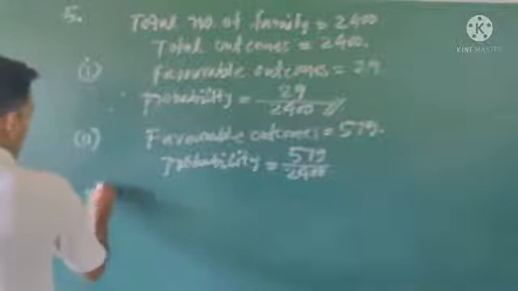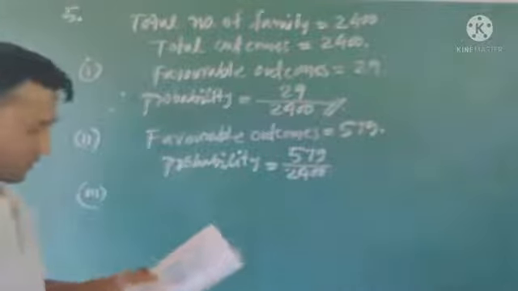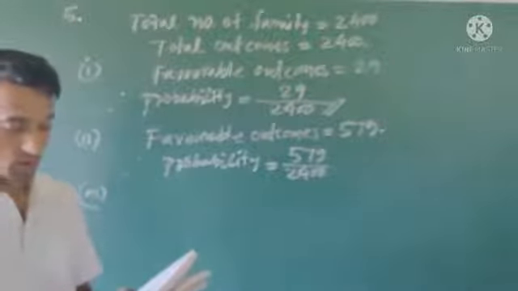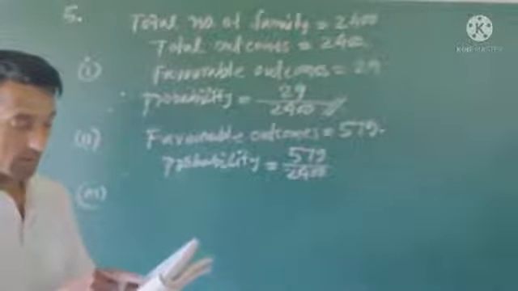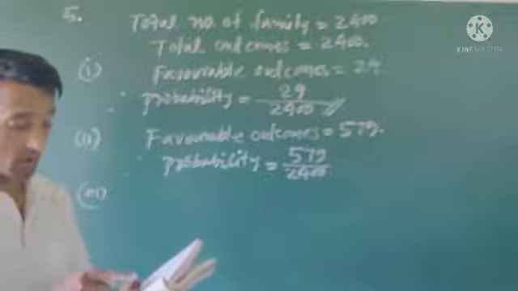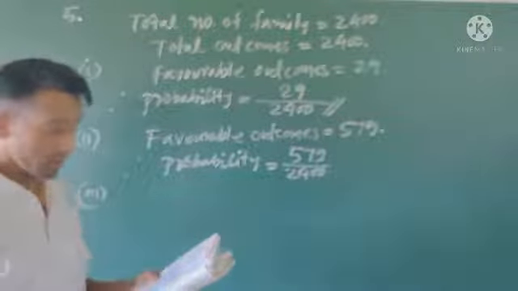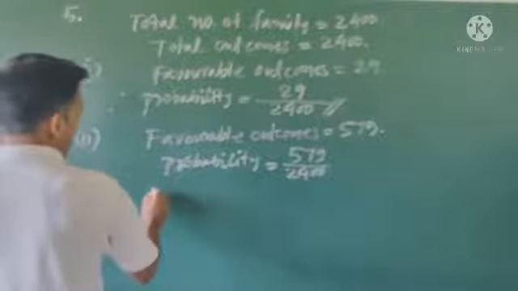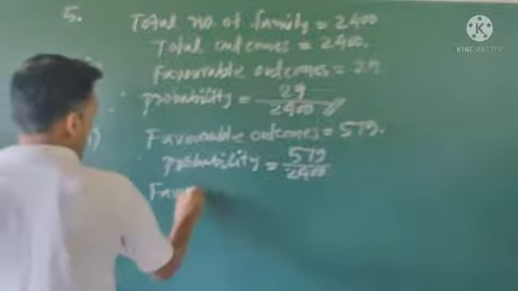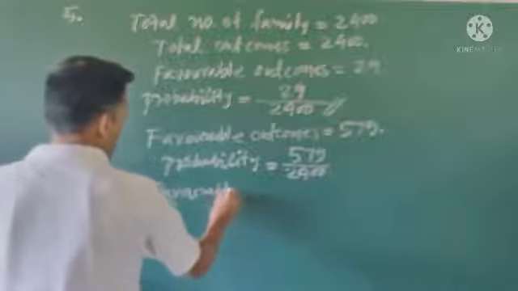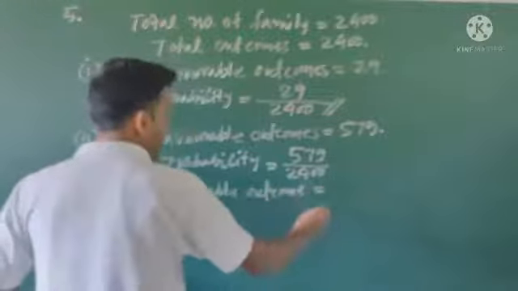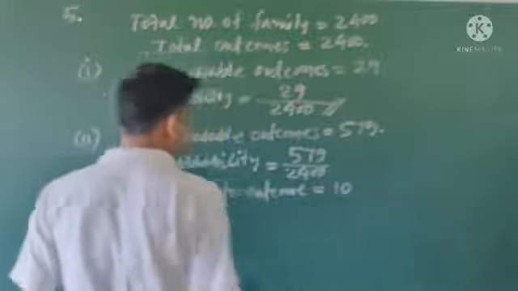Number 3: earning less than 7,000 per month and does not own any vehicle. You see, less than 7,000 earning and does not have any vehicle. How much? 10 families. So favorable outcomes: how many families have no vehicle? 10 families.